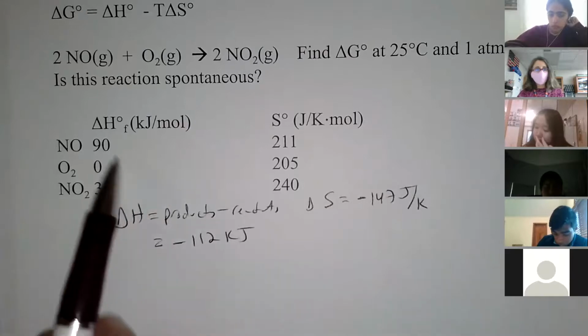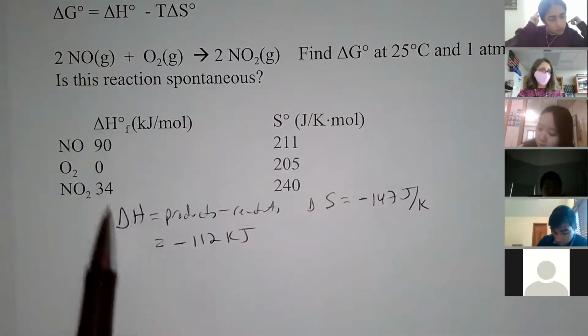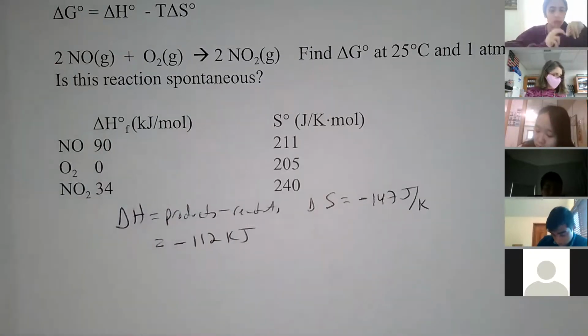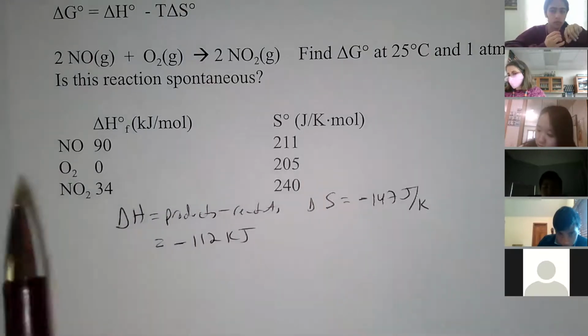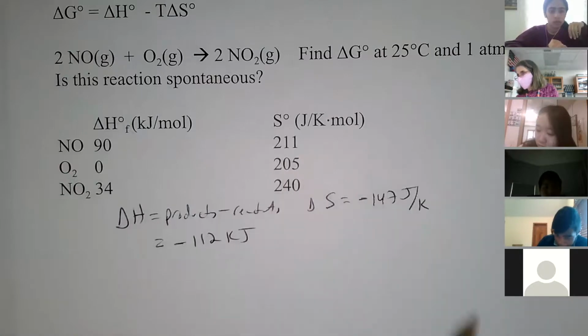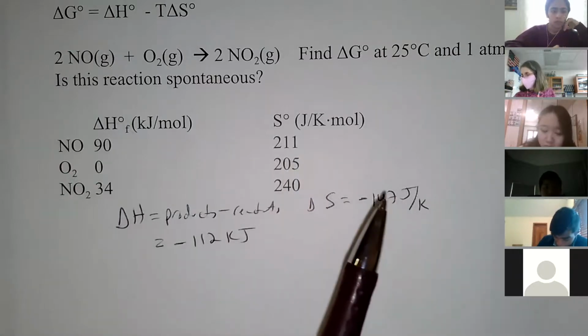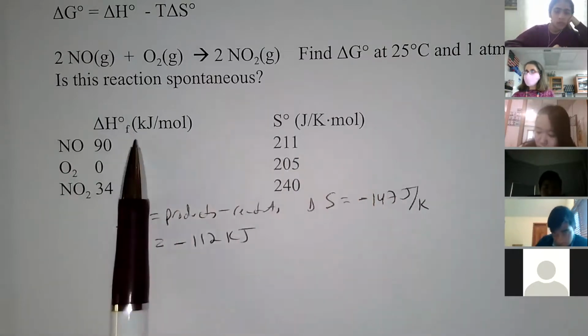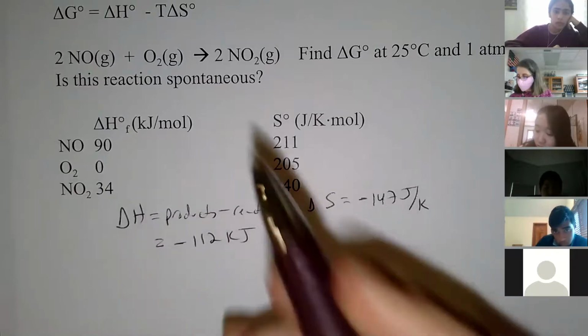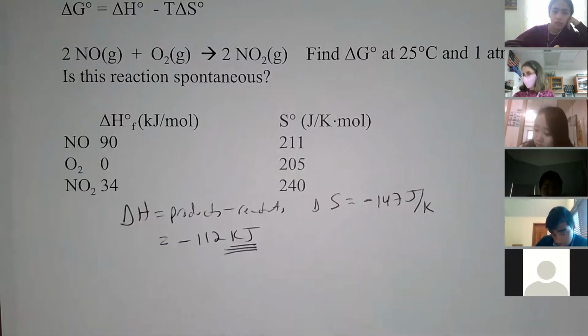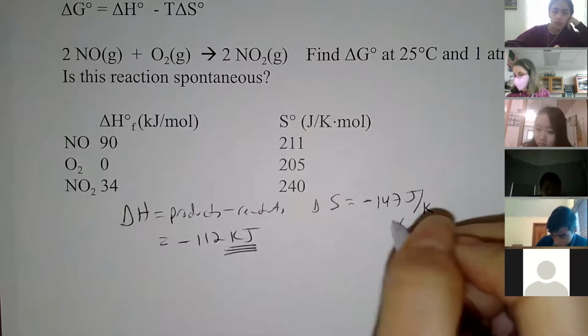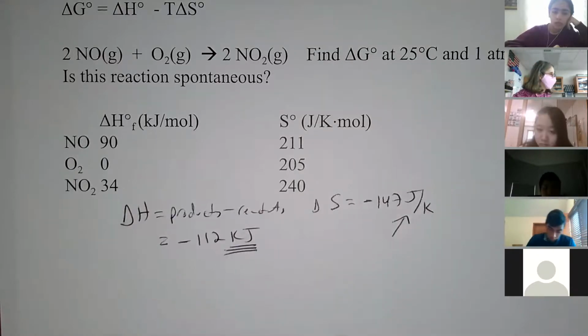All I did was take this balanced chemical equation and take products minus reactants. I'm just speeding up the process here. The one thing you need to be careful about, and you're going to see this in another calculation I'm going to talk about, is delta H is given in kilojoules, and delta S in a lot of cases is given in joules.